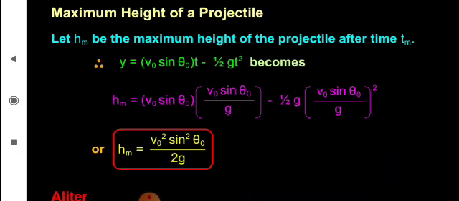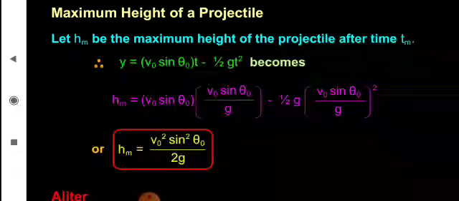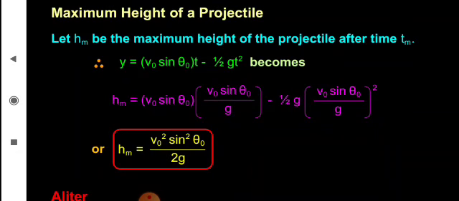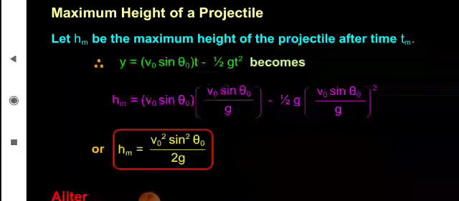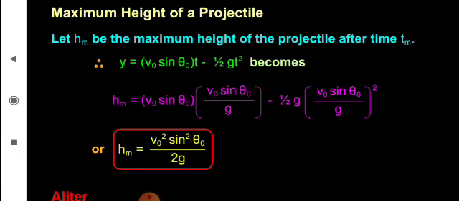Here y reaches hm, the maximum height, so V0 sin theta naught into t value. t is here tm value, that is V0 sin theta naught divided by g, minus half times g times (V0 sin theta naught divided by g) whole square. tm value we already got, no, that value we have to substitute here. Therefore hm becomes V0 square sin square theta naught divided by 2g.